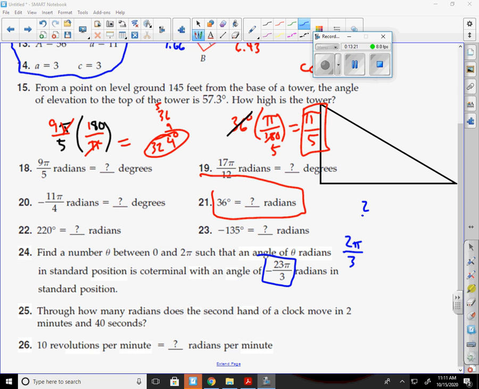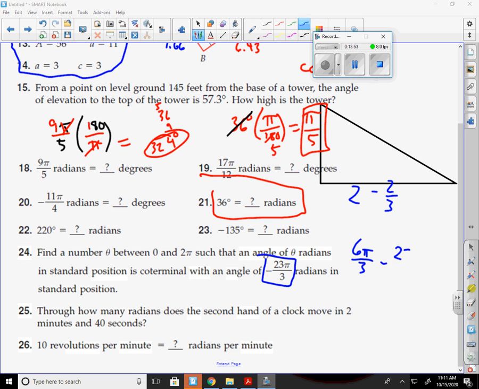If I was doing 2 minus 2/3, I have to get a common denominator. So in order to do that, I multiply both the top and bottom of this one by 3. It's going to give me 6 pi over 3. Now I could simplify that, which would obviously take me right back to 2 pi. It's not the goal here.